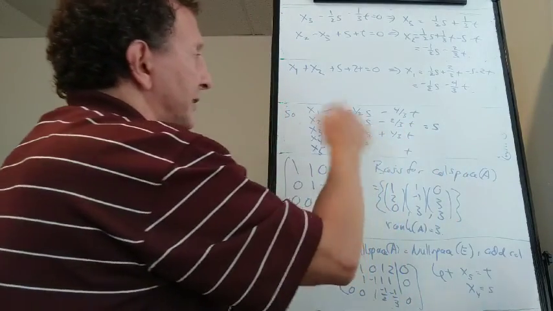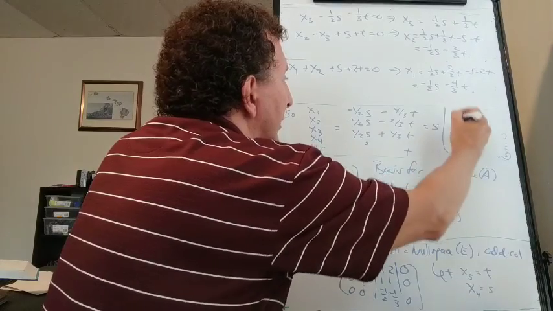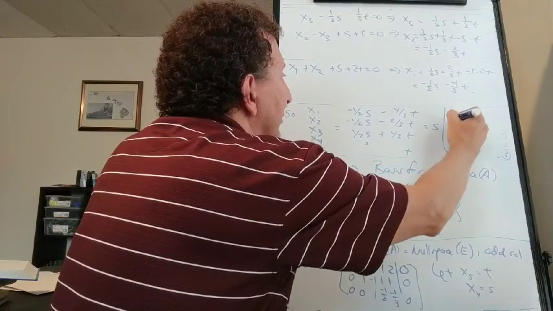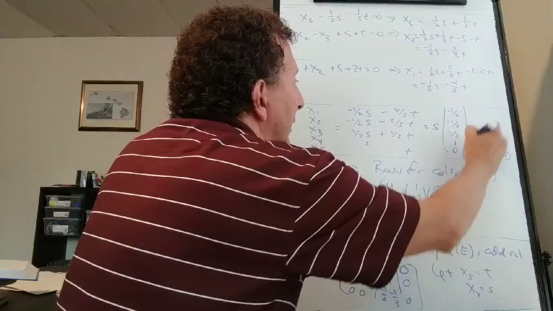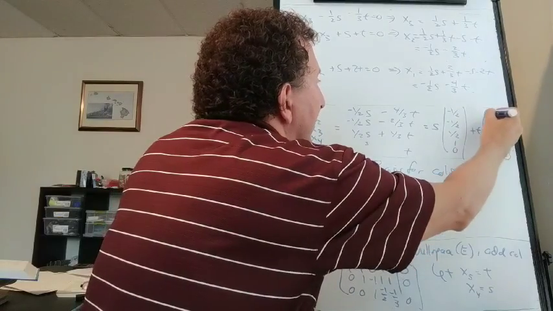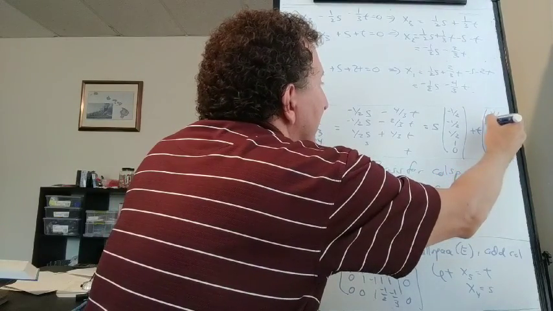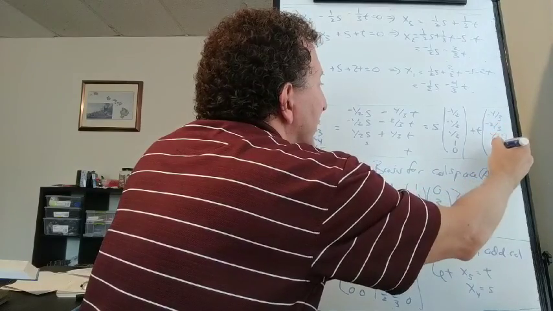Now if we factor out the s and the t from these vectors, we've got s times negative 1/2, negative 1/2, 1/2, 1, 0, and t times negative 4/3, negative 2/3, 1/3, 0, 1.